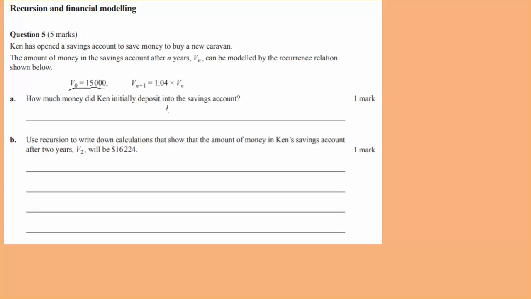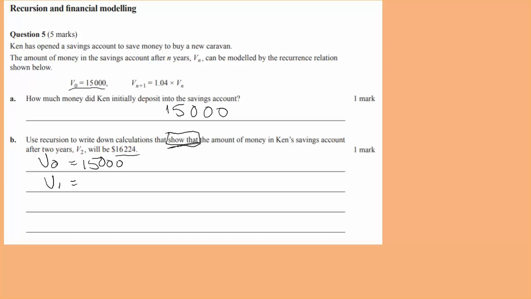Initial V0, so 15,000. Use recursion to write down calculations that show that the amount of money in Ken's savings account after 2 years is 16,224. So you cannot use 16,224 in your working out, and show that means show the working out. So we know V0 is 15,000.